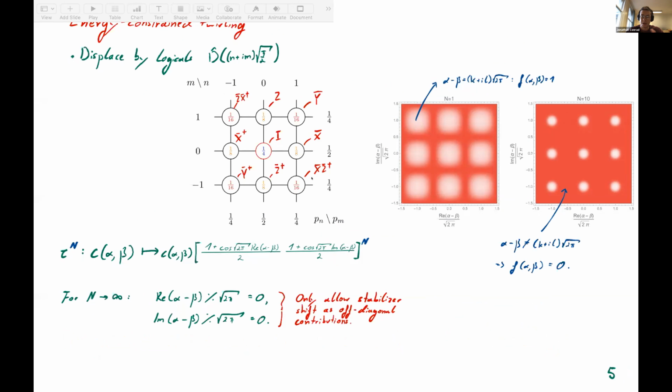So my probability measure over displacements looks like the following. With a quarter probability, I don't do anything. With an eighth probability, I apply the x, z, x dagger, z dagger gate, because these are different things when you look at the full Hilbert space. And with a 16th probability, I implement the different incarnations of the y gate in GKP.